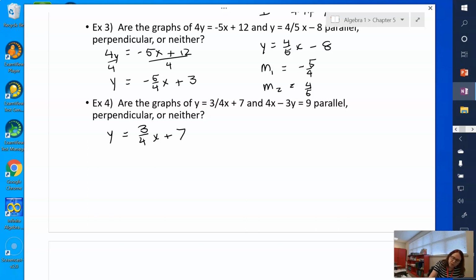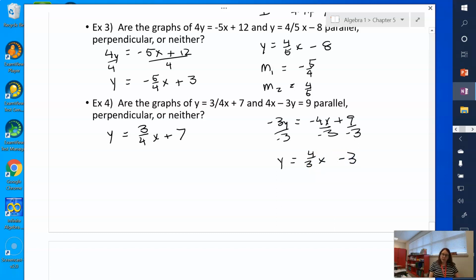I'm going to subtract 4x from both sides. I get negative 3y equals negative 4x plus 9. Now I divide both sides by negative 3, and I get y equals 4/3 x minus 3.